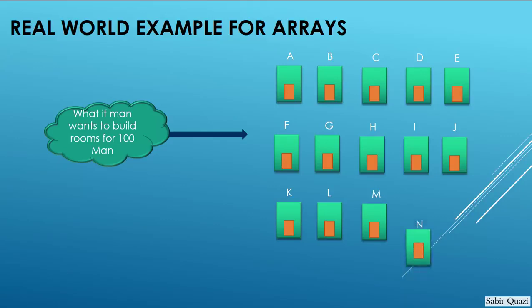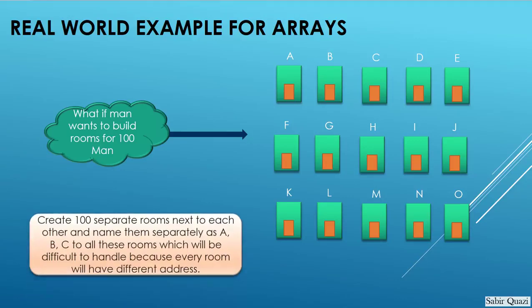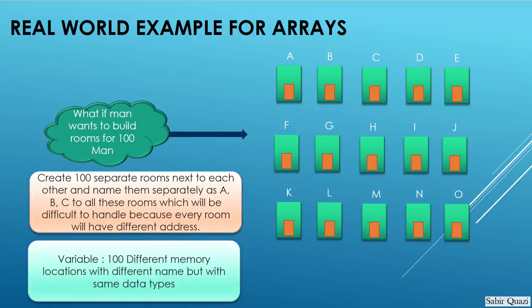Similarly, if you want to use 100 values of the same type in Java, you need to define 100 variables with different names. The case might be that all these 100 values will have the same data type.